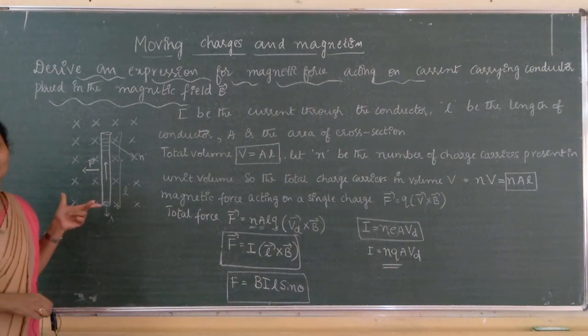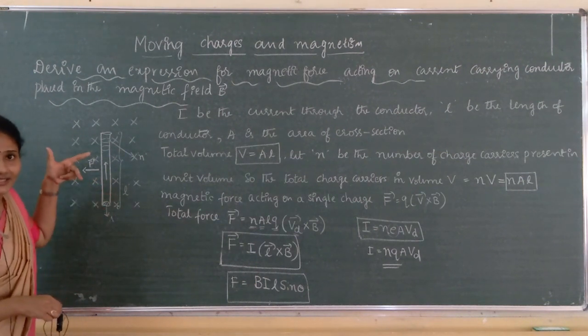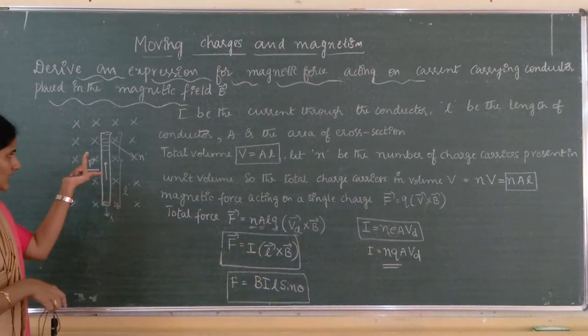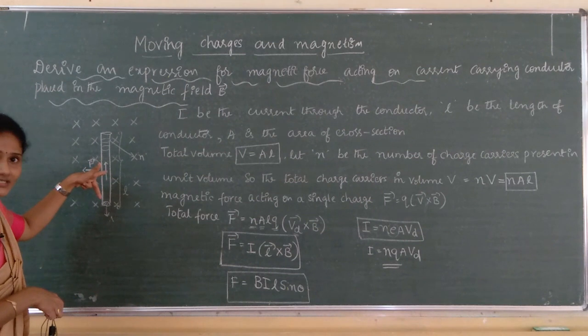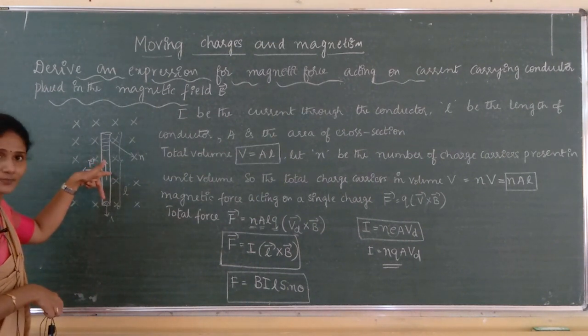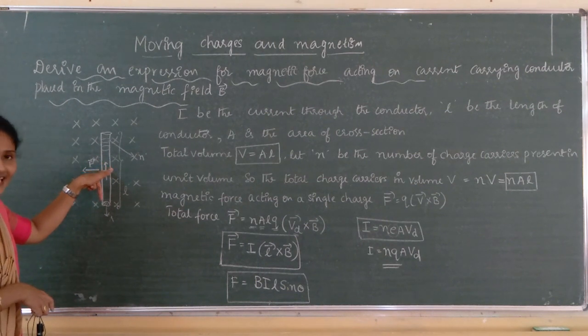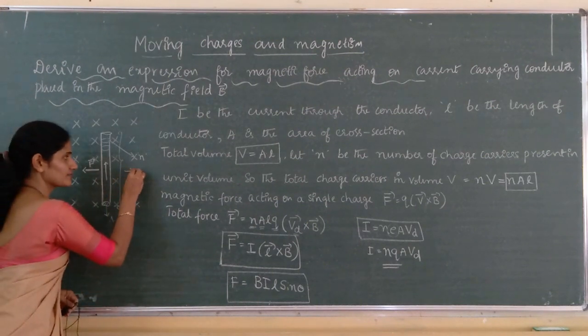If the velocity of the charge carriers is in the downward direction, that means if V is in the downward direction, the magnetic field is the same, going into the plane of the paper, then the magnetic force acting on the conductor is like this.